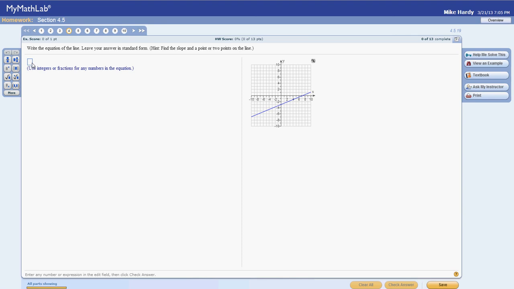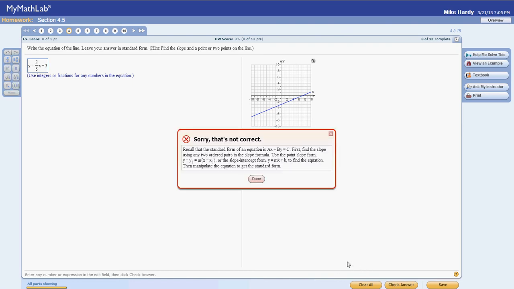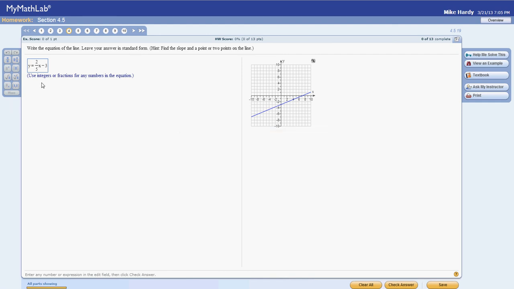So we've got y equals 2/5 x minus 3. It may not like it, because it's probably wanting standard form. That's the problem. So what is standard form all about?